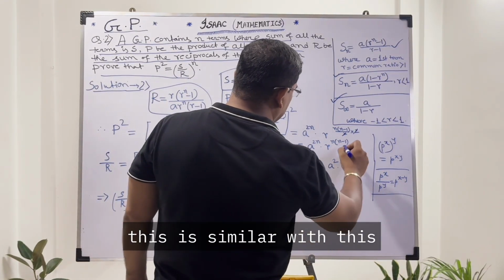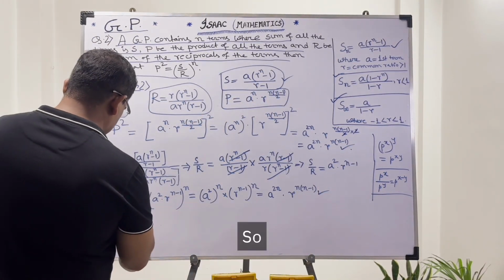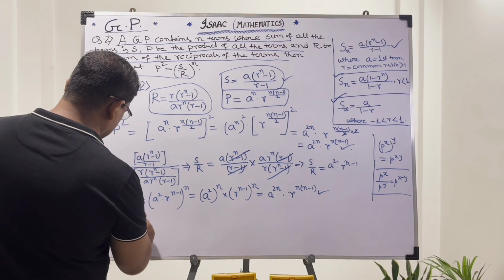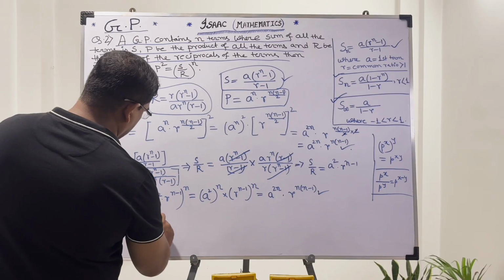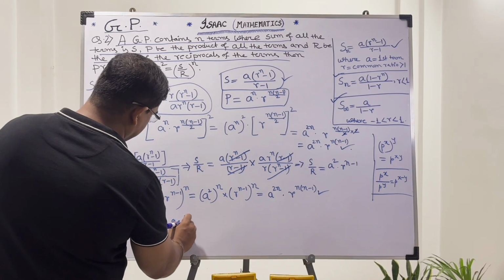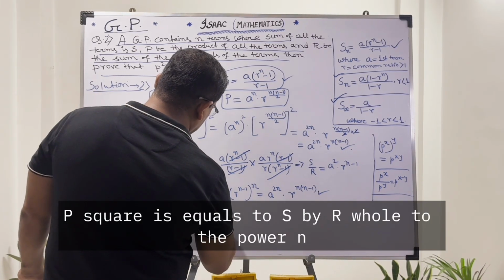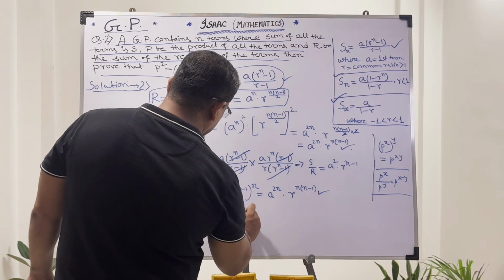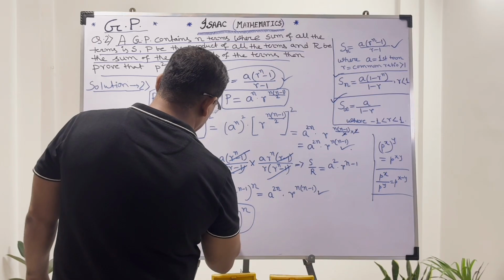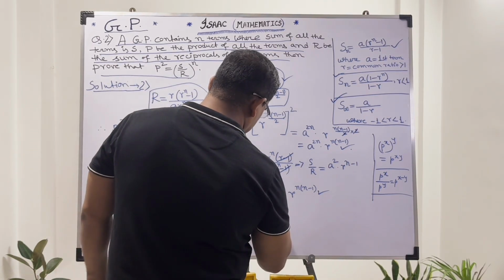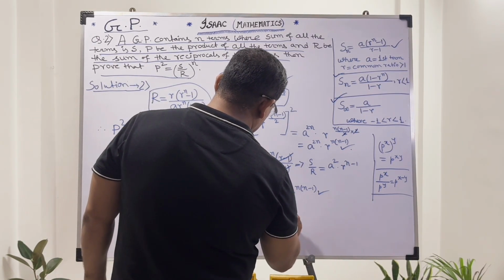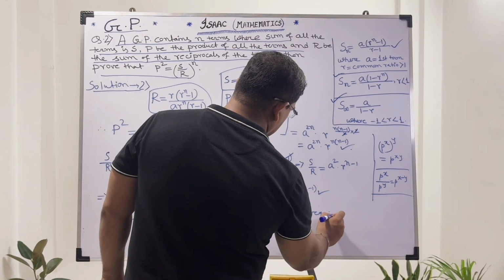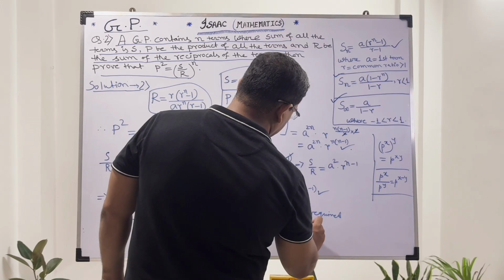This is similar to this. Thus we get P square is equal to S by R whole to the power n. This is the required proof.